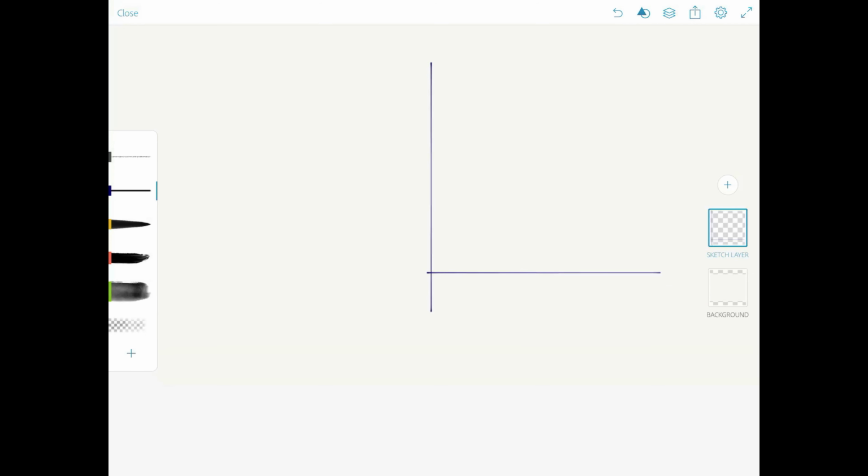Whoops, I don't know why I did that. You can approximate by actually doing something like this. You can create your own table. We'll just draw an XY coordinate system.